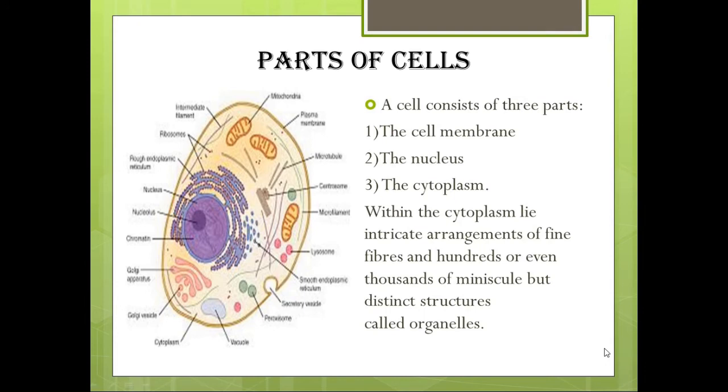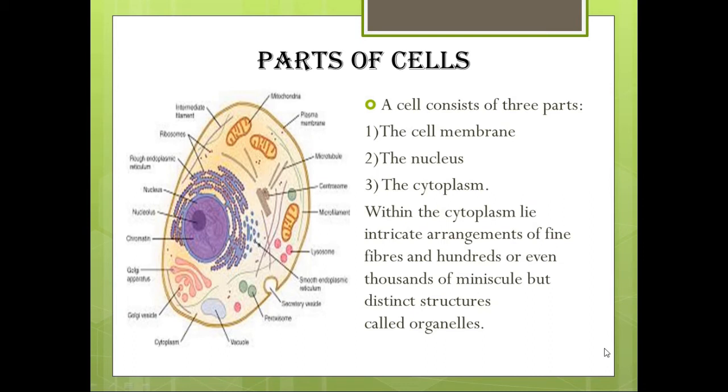And now, what are cells? Cells are the basic part of the living, the basic part from which all living matter is made. From cells we get tissues, from tissues we get organs, from organs we get organ systems, and so on.